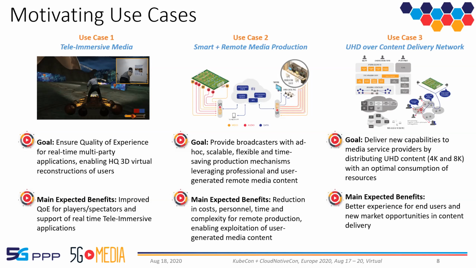Now, we had another very interesting use case, which subdivided into two use cases related to remote media production. One very interesting use case is about mobile journalism. So the journalist is involved in some event. We actually did it in the field.